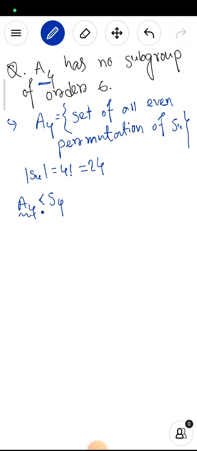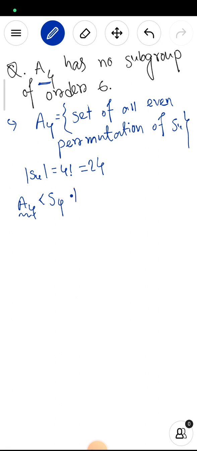A4, the alternating group, contains all the even permutations of S4. Even permutation means an even number of transpositions. What is a transposition? A transposition is a cycle of length 2. So A4 is the collection of all even permutations of S4, and even permutation means an even number of transpositions. Transposition means 2-cycle.